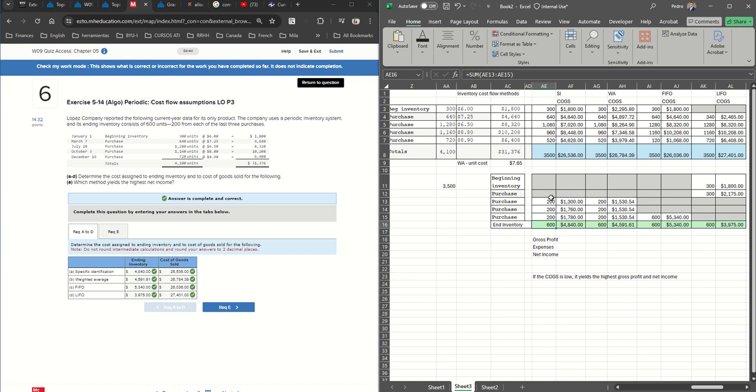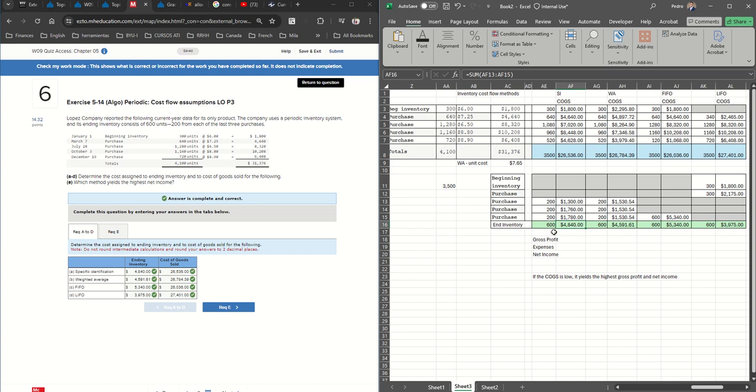So we just have to figure out how much in money those units represent. For this, we just have to multiply the quantity of units that are left times the cost for each one of them. So now we have the calculation made, and we also have the end inventory cost right here.